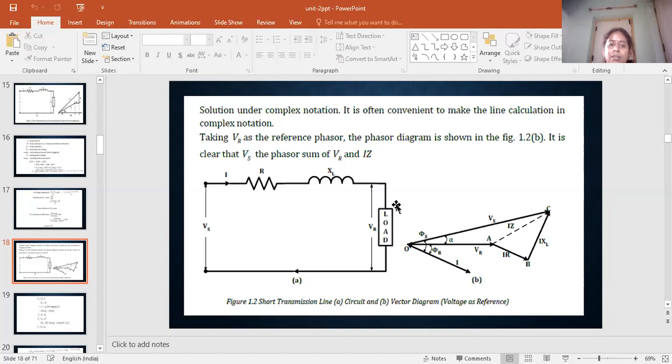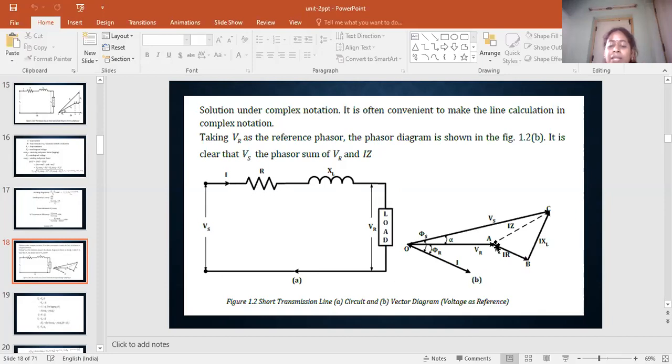Okay. In that complex notation, we take VR as the reference vector. Vs is the sending voltage, I is the current flowing in the transmission line, and VR is the receiving end voltage.